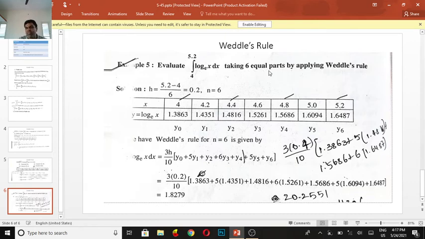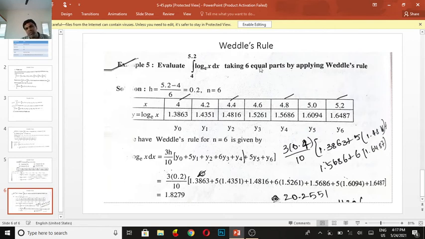Here n is given as 6 equal parts. The interval is given as 4 to 5.2, so the end point is 5.2 and the beginning point is 4. So h is 5.2 minus 4 divided by 6, with the number of subdivisions being 6. We get h difference equal to 0.2.